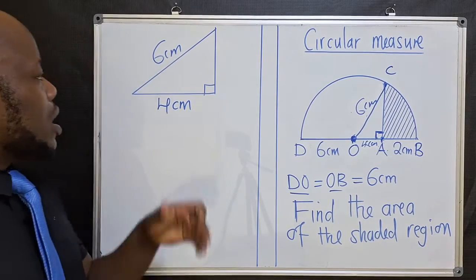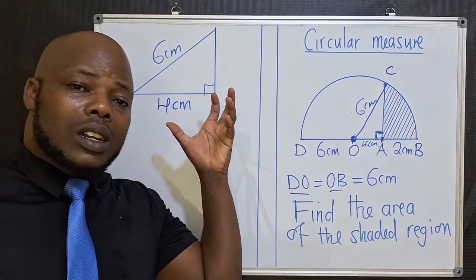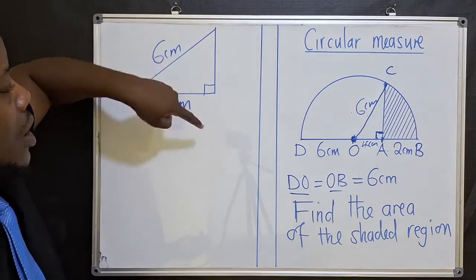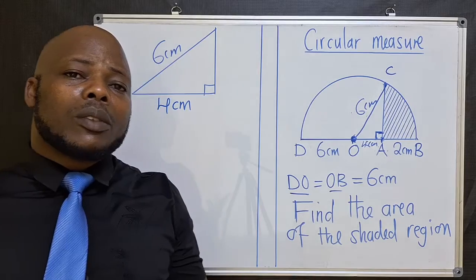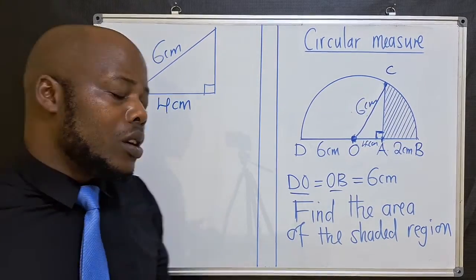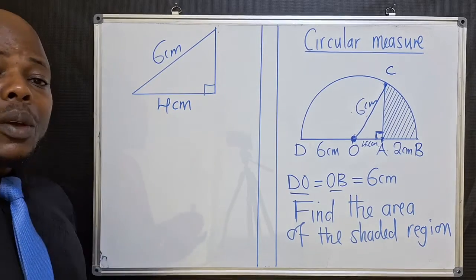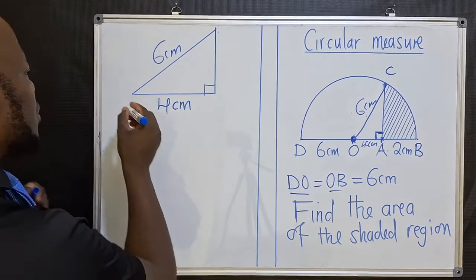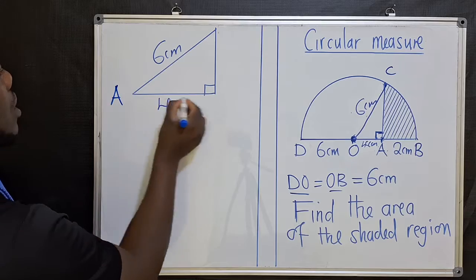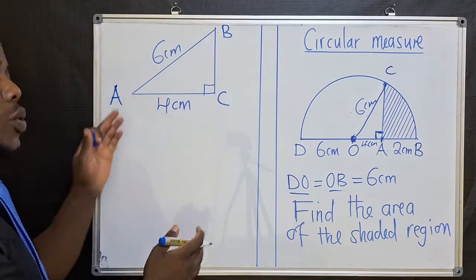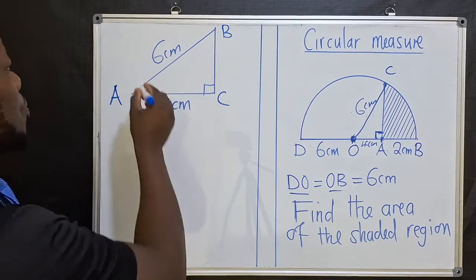Now, upon getting this information, I'm going to find the height, this side, by simply using the Pythagoras theorem. I'm now going to label the sides and the angles. Let me say this is my A, my C, my B here, whichever order you wish.